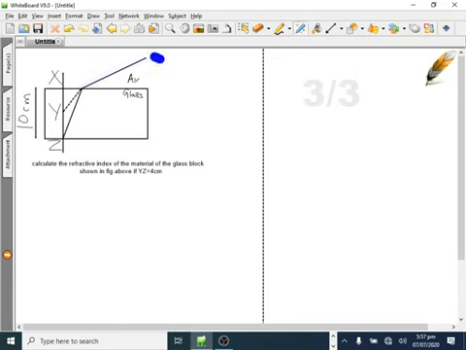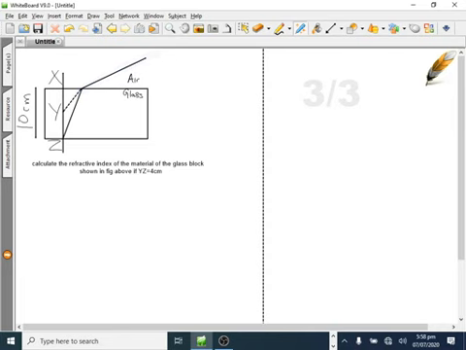This is our air, and this is the glass. We have this incident ray starting from this point Z, up to this level still inside the glass. After it gets to this point, it is leaving the medium of the glass, entering into the air, and it's refracted.